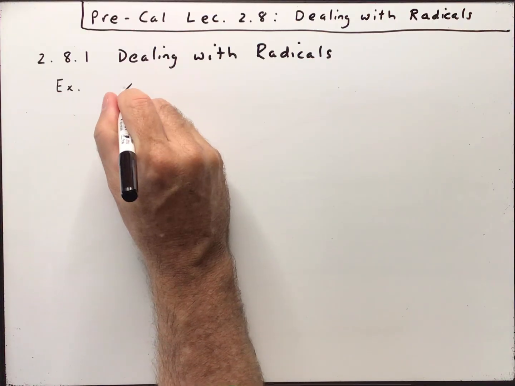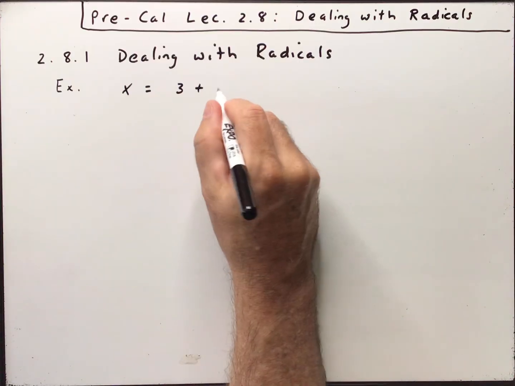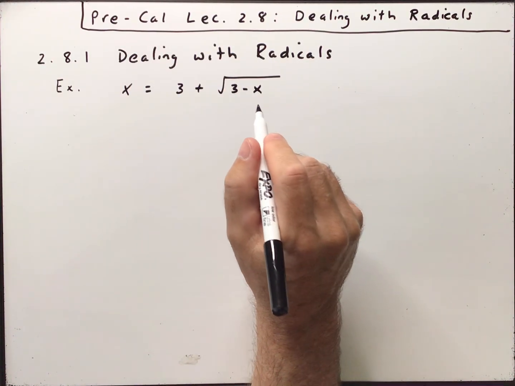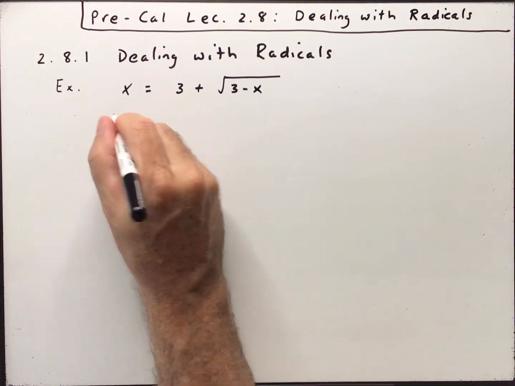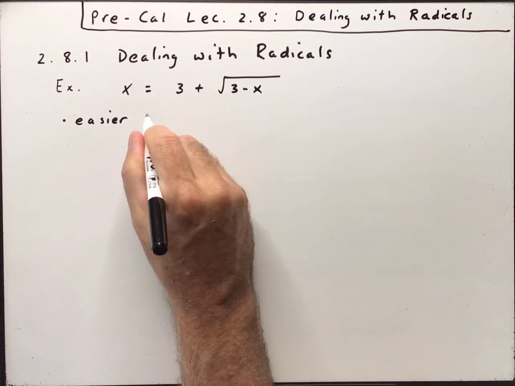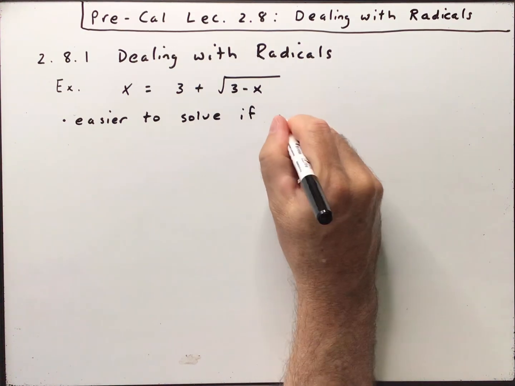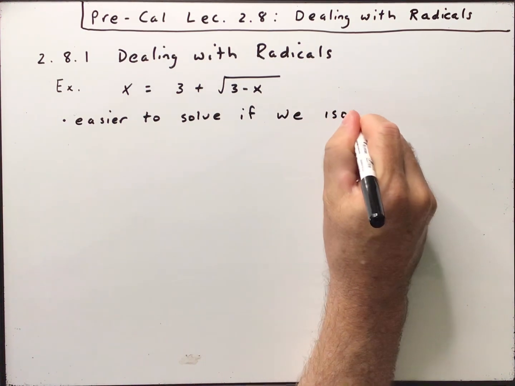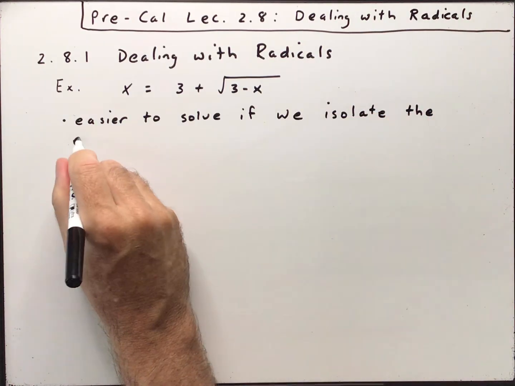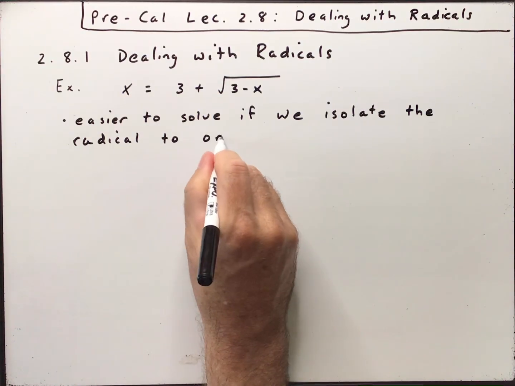So we have x is equal to 3 plus the square root of 3 minus x. Okay, so this is easier to solve if we isolate the radical to one side.